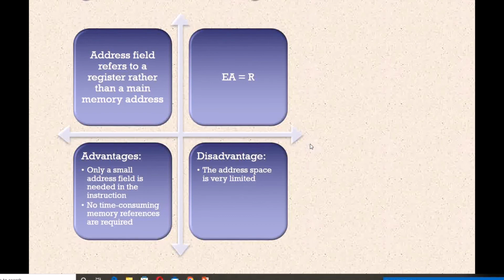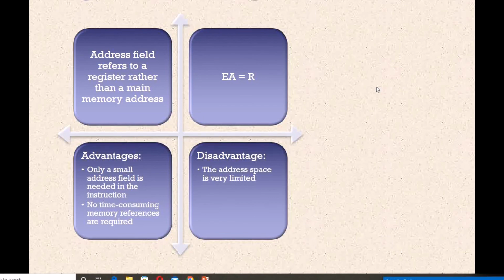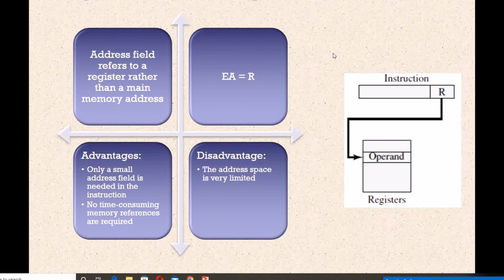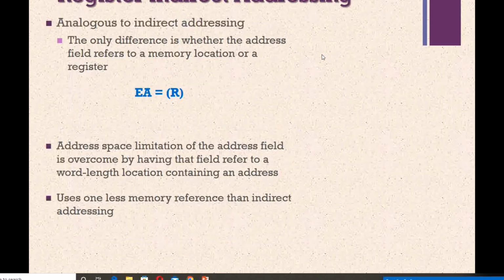It is important to know which type of addressing is more important for which purpose. Like register indirect addressing, our data is in a register, so we approach it indirectly through different addressing sequences. You see this in this diagram.